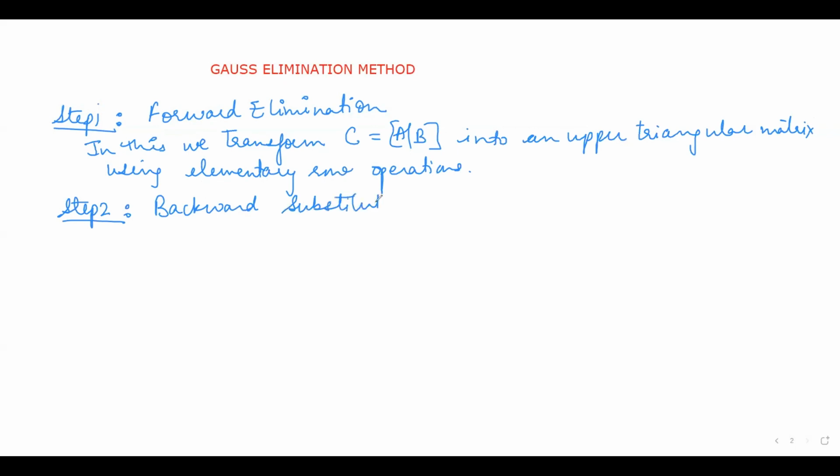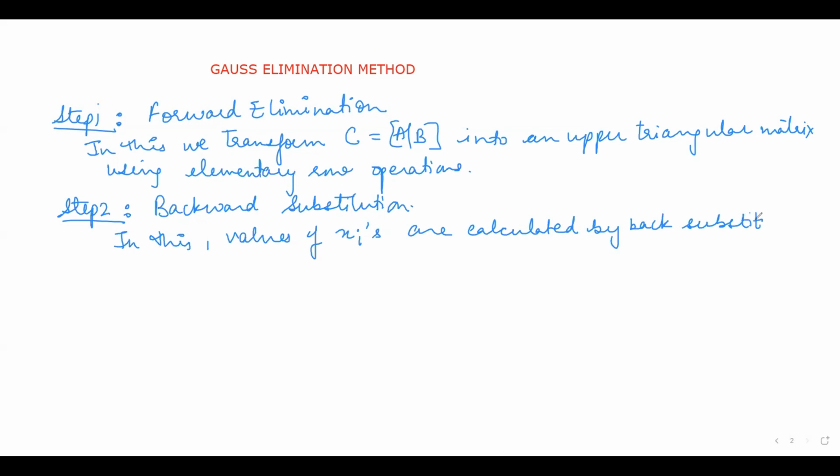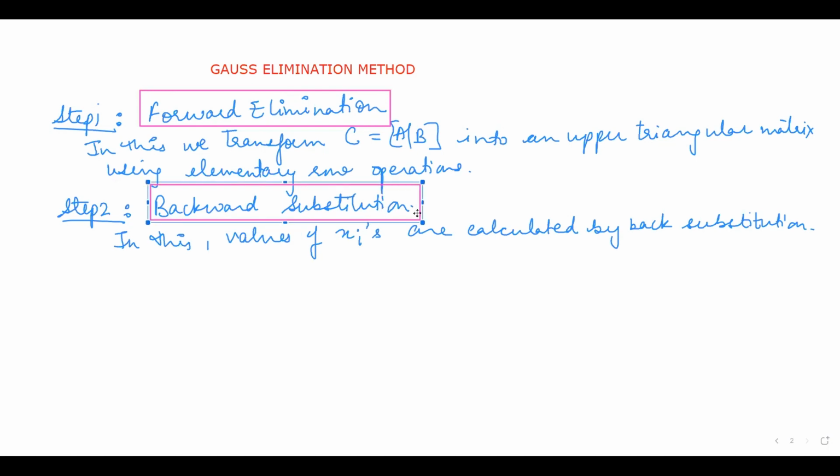In this, the values of the xi's are calculated by back substitution as we have done earlier. This is going to be a very simple method for you because I have already explained this while we were calculating the rank of the equations.